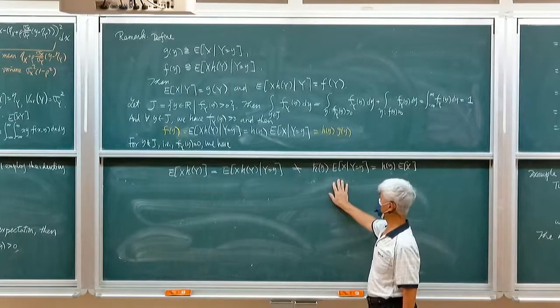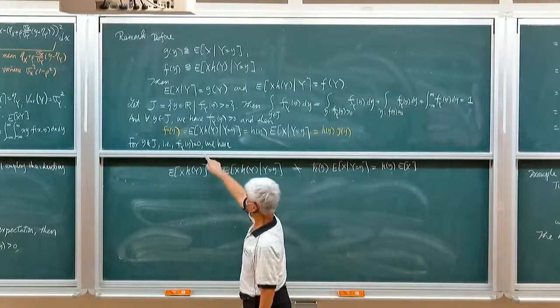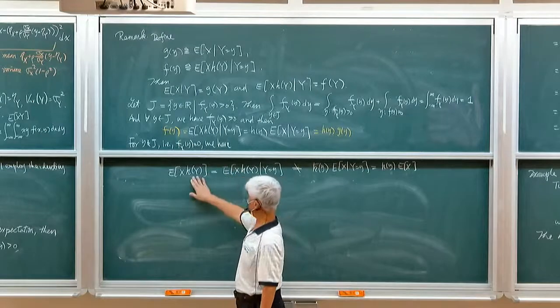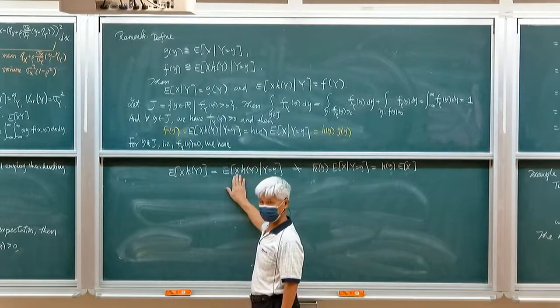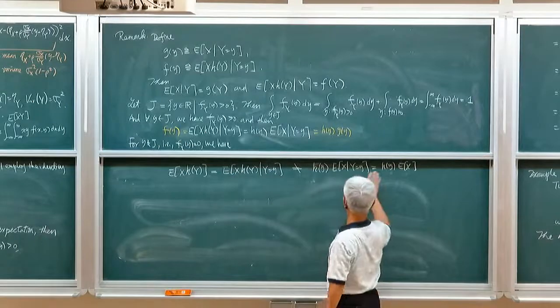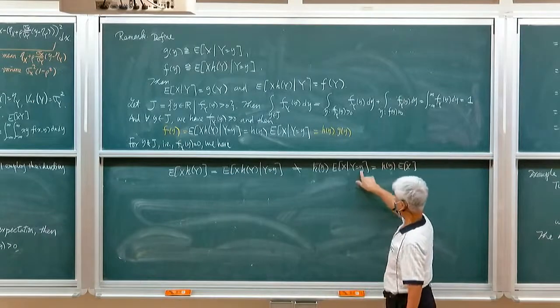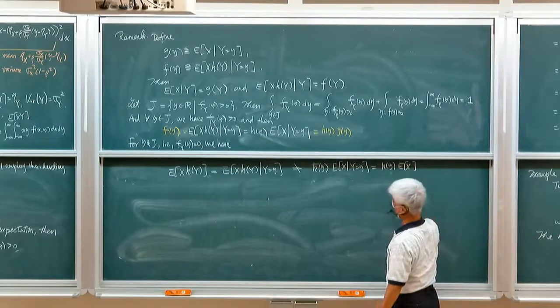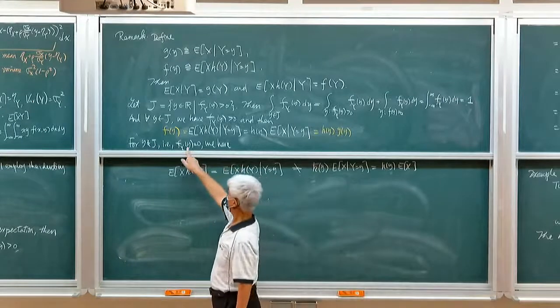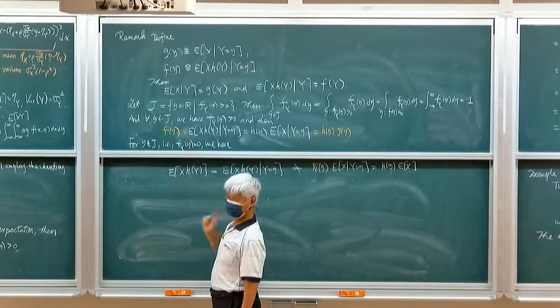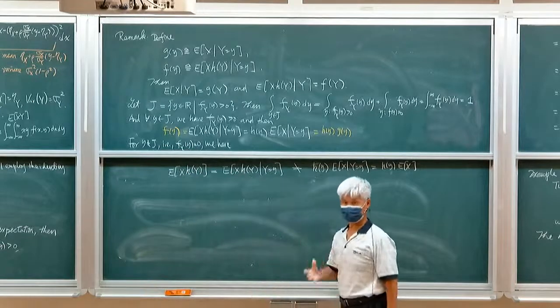By our definition, in this case, we define this conditional expectation to be the unconditional expectation of this one. And similarly here, the conditional expectation becomes the unconditional one if f sub Y of little y is 0. It's from our definition.